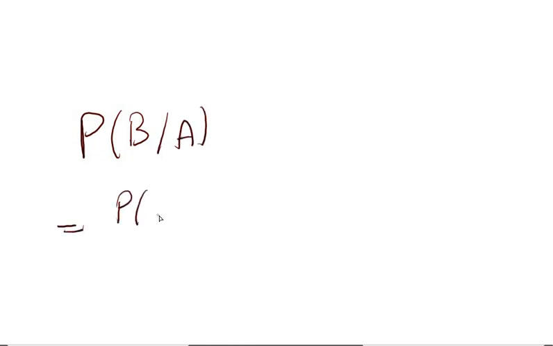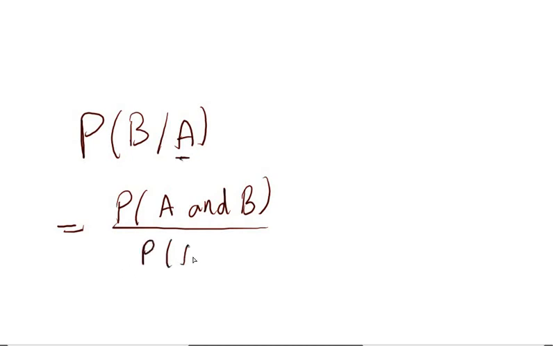Let's discuss the general formula for conditional probability. Probability of event B given A equals probability of A and B over the probability of A. So we will find two probabilities and divide them.